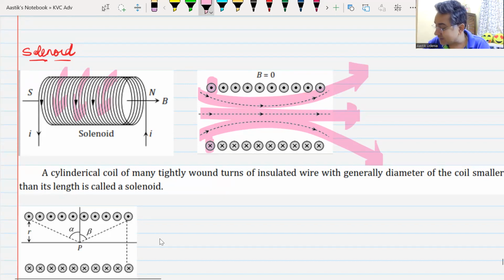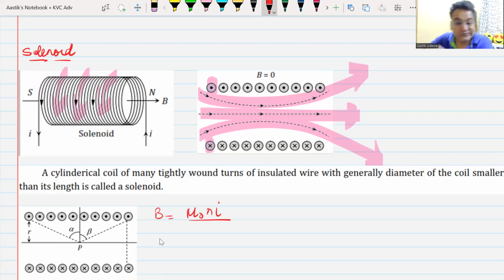The magnetic field inside at any point P will be given by this formula: mu naught N i by 2 into sine of alpha plus sine of beta. Does this formula look similar? Yes, sir. This is similar to the magnetic field due to a wire. Yes or no? Yes, sir.